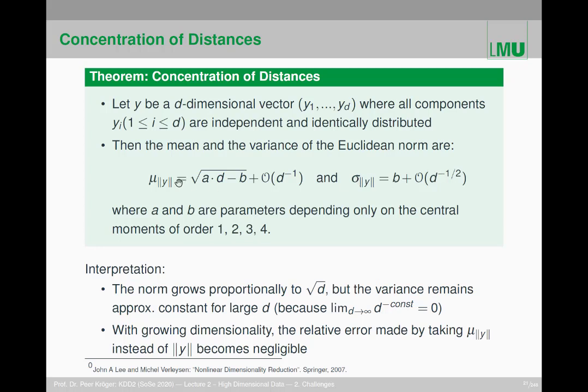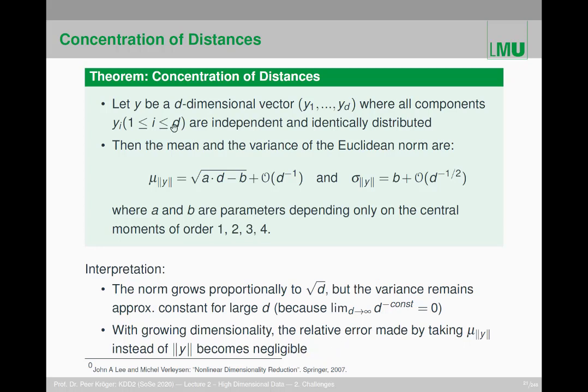The norms grow, but the variance just remains the same, so the relative error becomes smaller, and at some point it is just negligible.